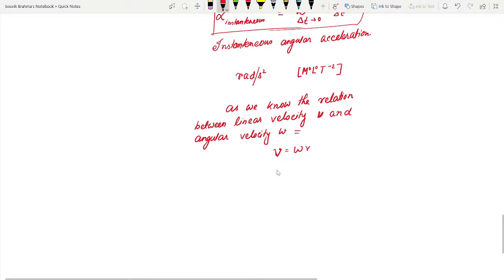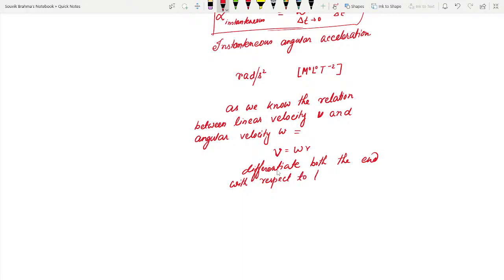Okay, or r omega, we know it. Therefore what we can do now, in this relation, if you differentiate both sides with respect to t, dv by dt is equal to d by dt of r omega.